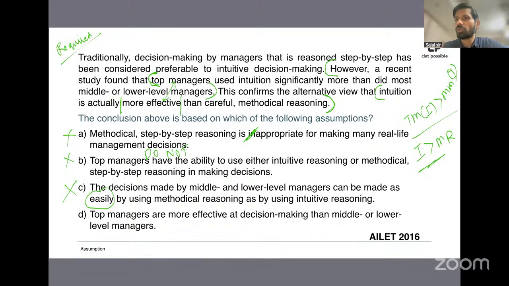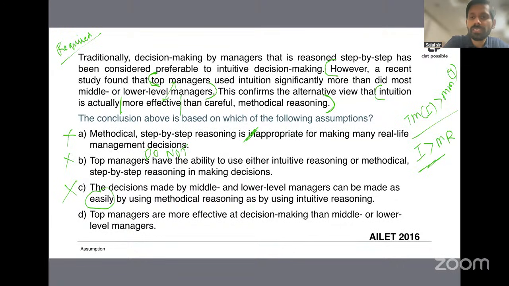Remember, the premise was talking about top managers using intuition significantly more than middle managers. The conclusion was that intuition is better, more effective than methodical. So something has to connect the ability of top managers to use intuition and then intuition being more effective. We need a statement connecting these two pieces of information.